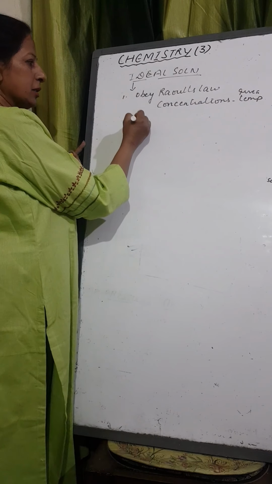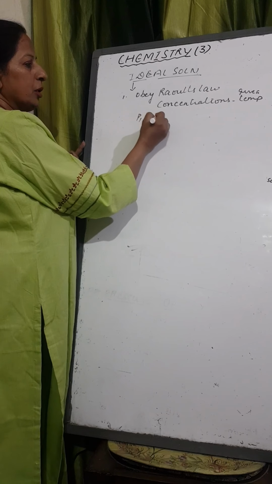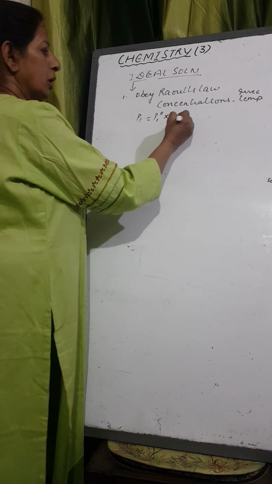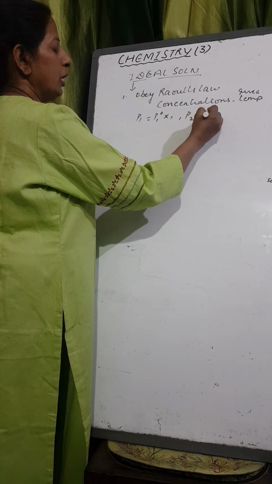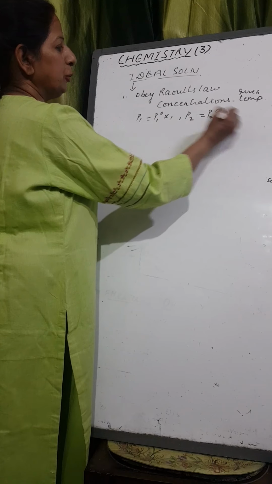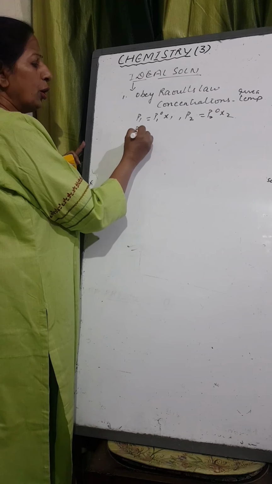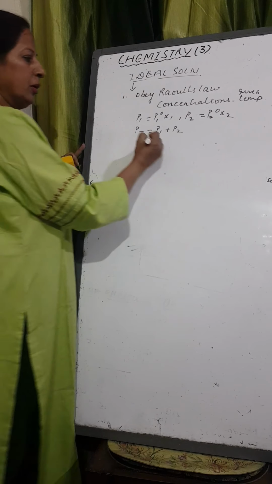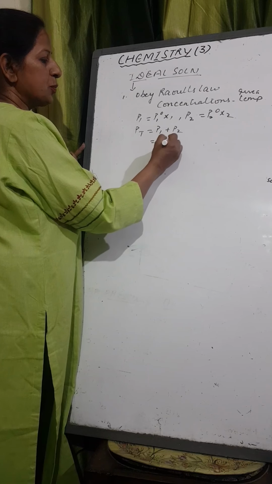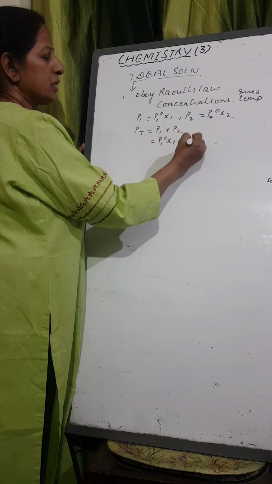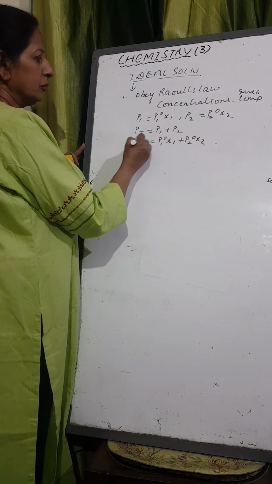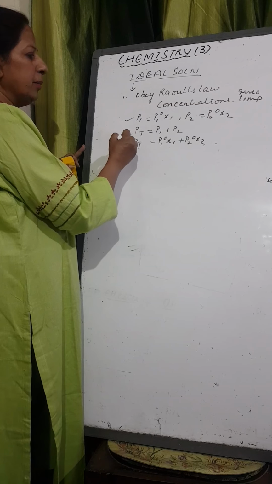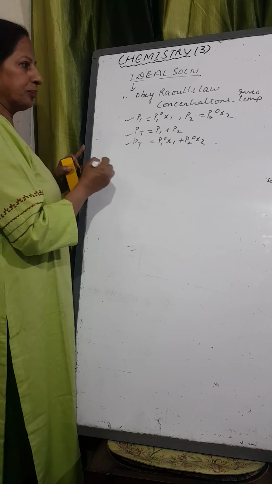Means in this case P1 will be equal to P1 naught chi 1 as it obeys Raoult's law, and also P2 equals P2 naught chi 2. Also P total will be equal to P1 plus P2, or P1 naught chi 1 plus P2 naught chi 2, as it is obeying Raoult's law. So this will be applicable, this will be applicable, and this will be applicable.